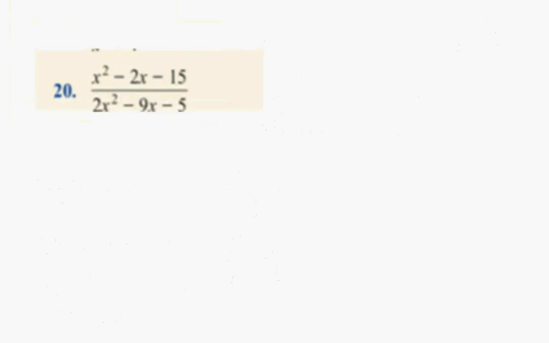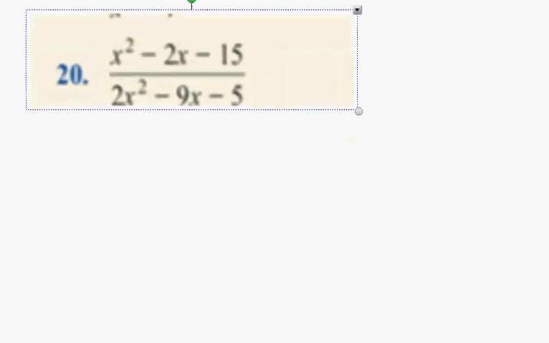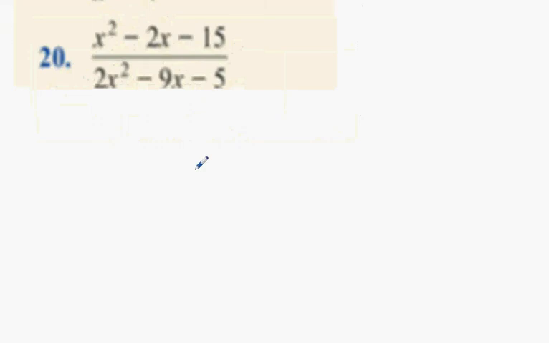Okay? Here's question 20. Now, what do you think of the top one? x squared minus 2x minus 15. Two numbers that multiply to give you minus 15, but will add to give you minus 2. What do you reckon? Negative 5 and plus 3. Now, some of you might have already figured this out.